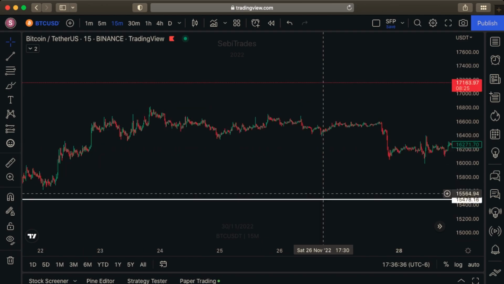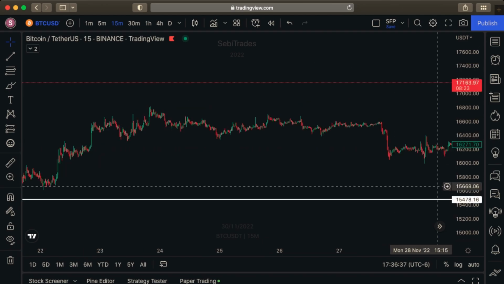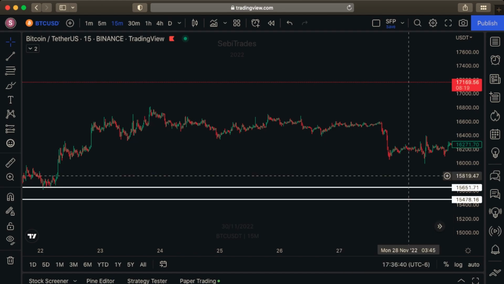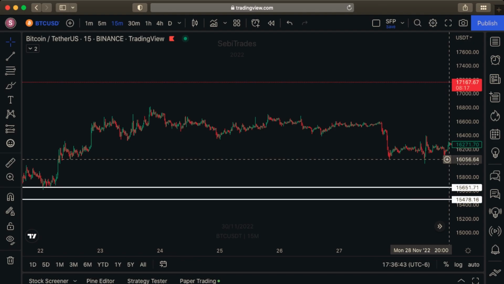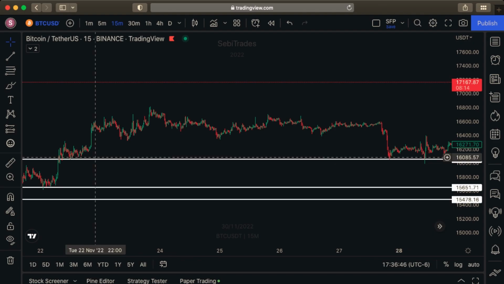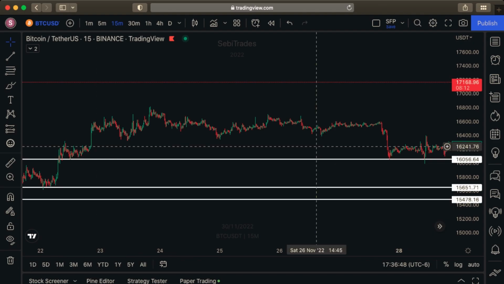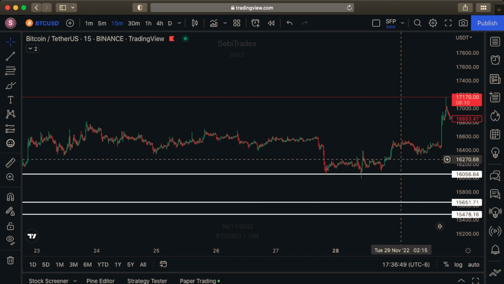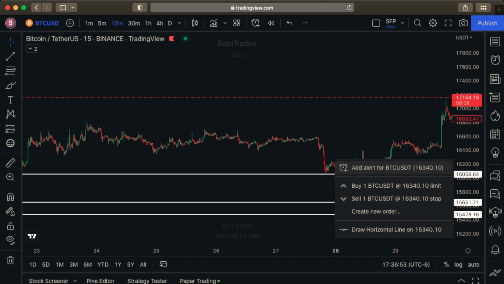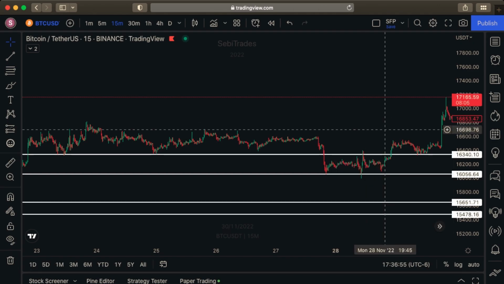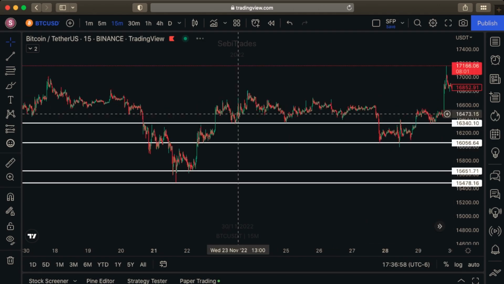So we've got a zone here. We've got zones here. See right there, right there. And we've got some zones right here. So these are all support and resistance levels.